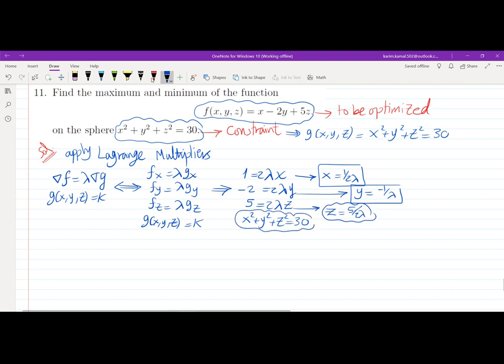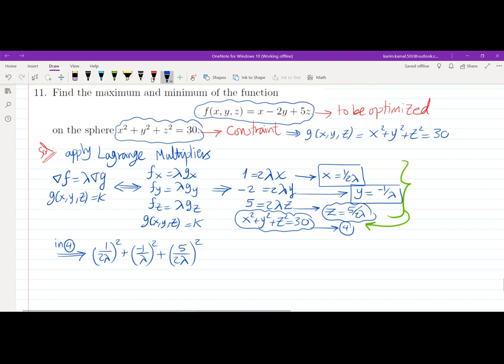And we can use these values we got for x, y, and z to plug into equation number 4 in order to find the value for lambda, like this. So in equation number 4, we will get x squared, which is 1 over 2 lambda all squared, plus y squared, which is negative 1 over lambda all squared, plus z squared, which is 5 over 2 lambda all squared, equal to 30.